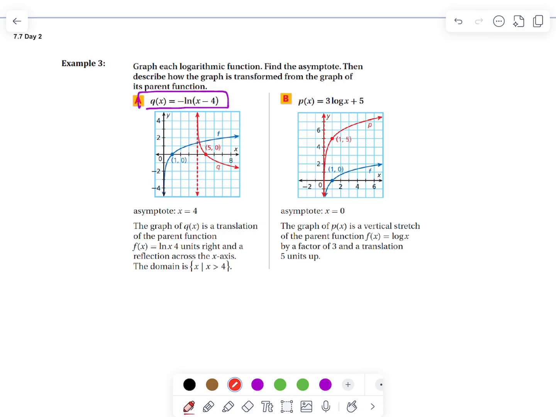So the first transformation, I'm just going to write the parent function y equals the natural log of x. The first change is we have a negative in front of the function. So what that does is it reflects it across the x-axis. The second transformation is a -4 inside the function, and what that does, it moves it right 4 units.